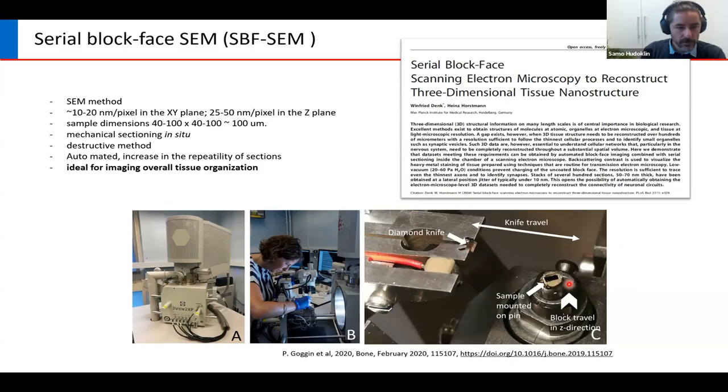The sample is sectioned within the instrument, and then you obtain the images by the SEM column. So this method gives you quite a big overall image, and it started for biological materials after the year 2000, let's say 2004.